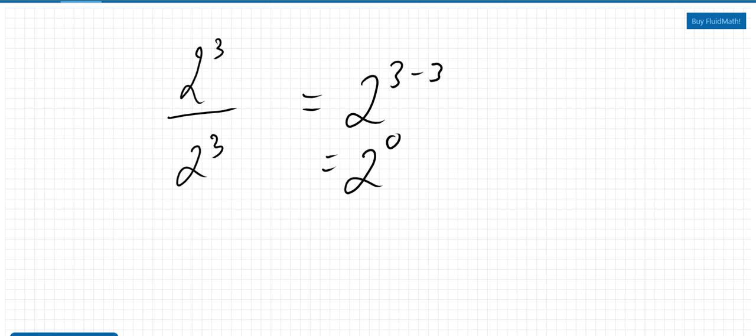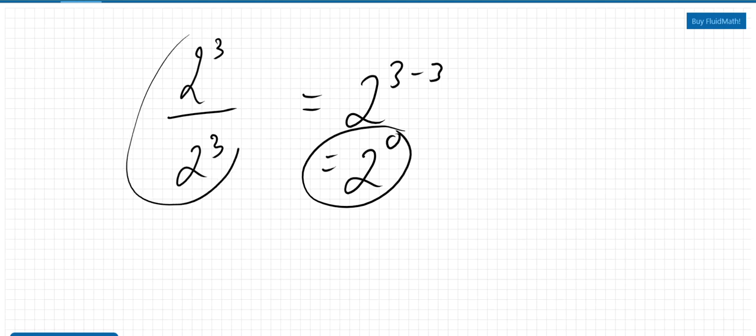Now, we have in class learnt what this equals, but just in case, just imagine you didn't know what that is, okay? So what is 2 to the power of 0? Imagine you didn't know. A way to work it out is, well, I have worked it out one way. I've got 1. But another way is, okay, if I have 2 to the power of 3, I know 2 to the power of 3 is 2 times 2 times 2, which is 8, over the same thing on the bottom. And I can see what's happening. 8 divided by 8 is 1. So that's why 2 to the power of 0 is 1.